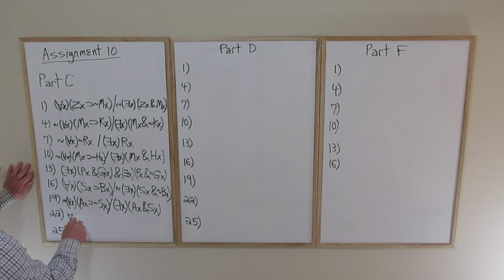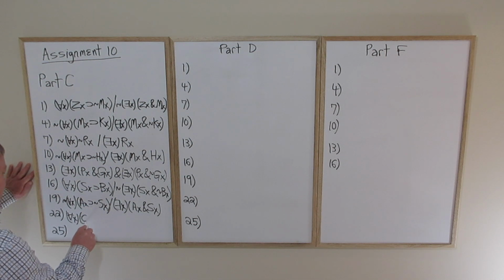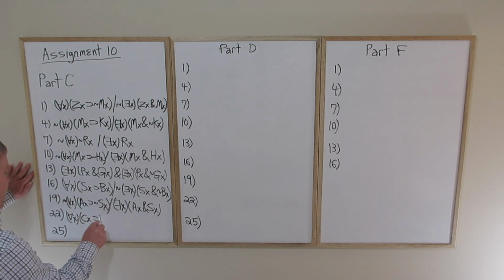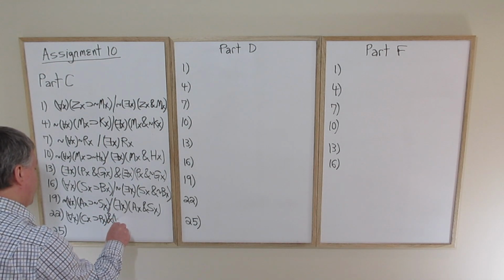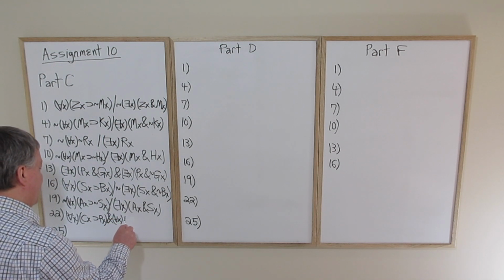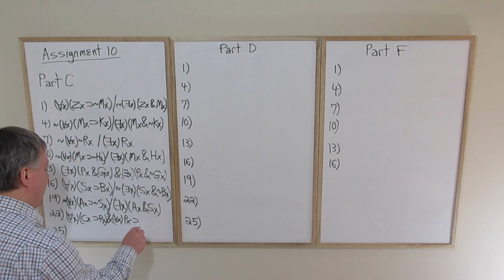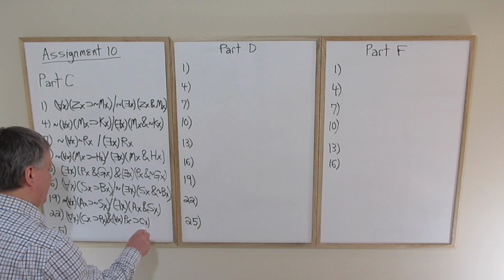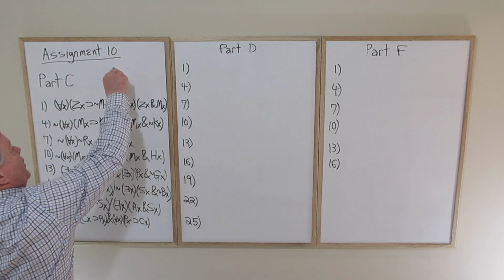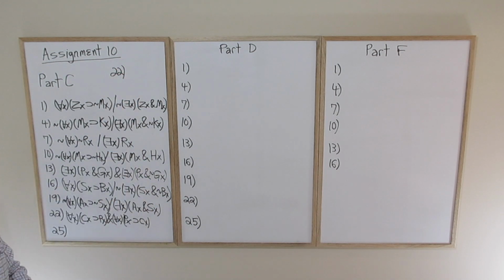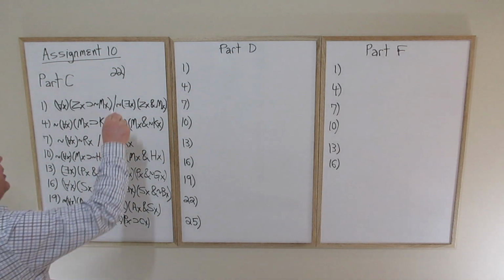All x are such that if x is a circle, then x is perfect, and all x are such that if x is perfect, then x is a circle. And as you might have guessed, maybe I'll just put the alternative symbolization for 22 up here.